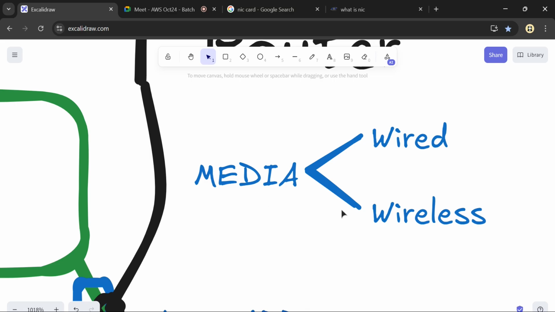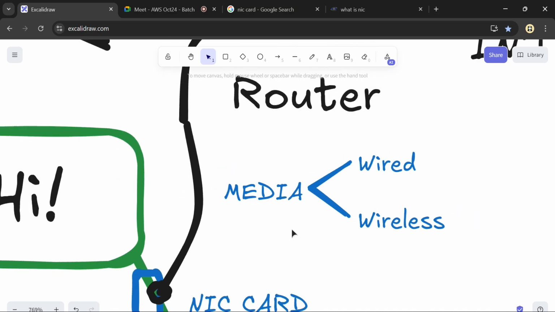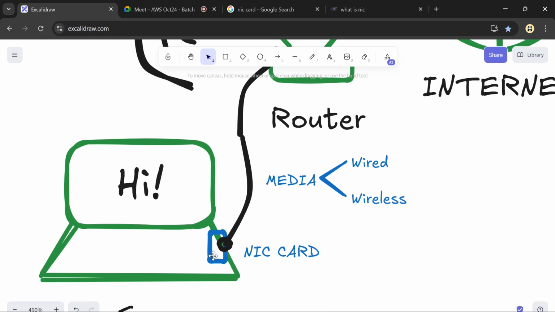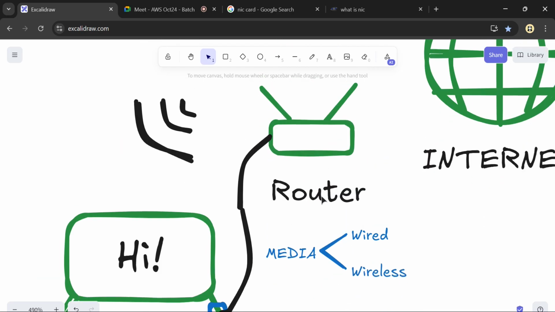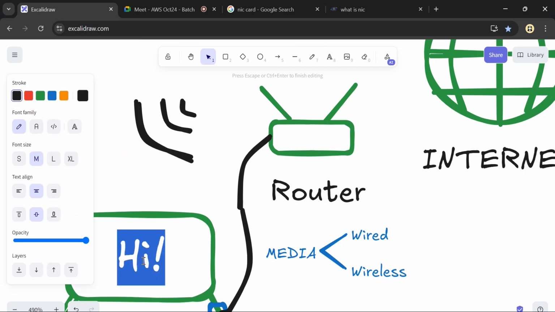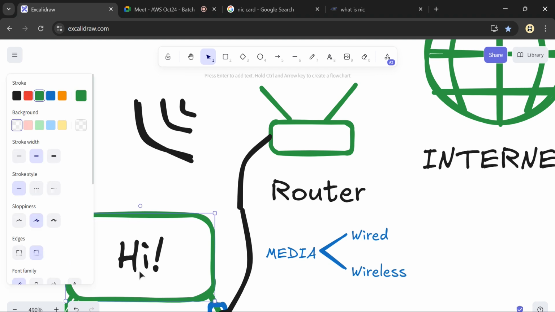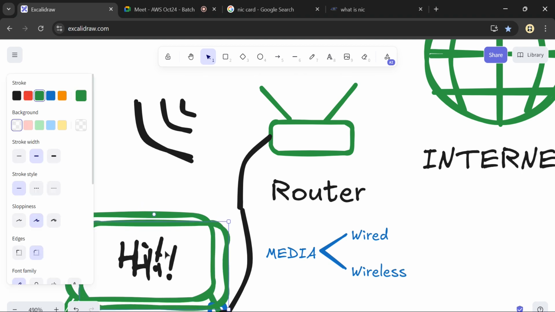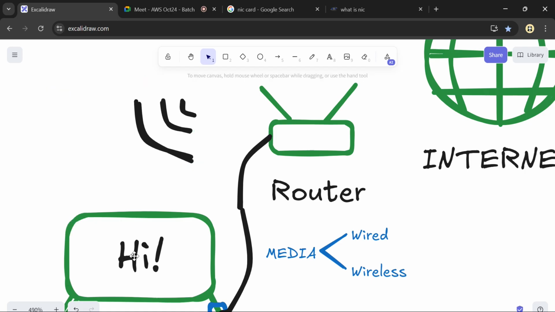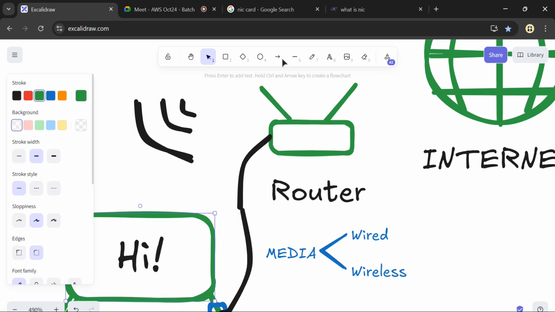Here the media we have taken as an example is wired. It can also be wireless. Okay, it can either be wired or it can be wireless. So through this NIC card and this cable, this message will go to the router. Okay, this message that I want to send to you will be going through the router, and let's say this message has gone here.